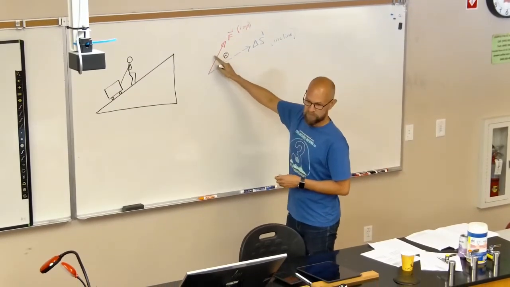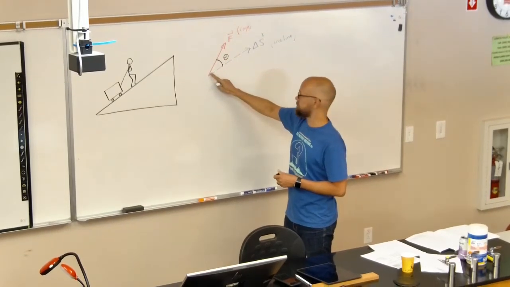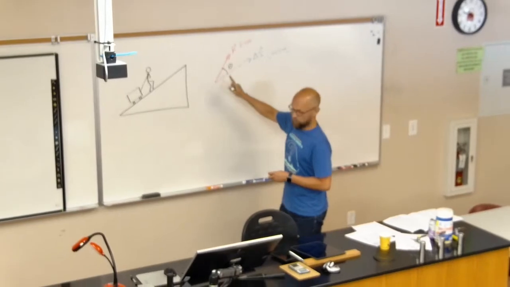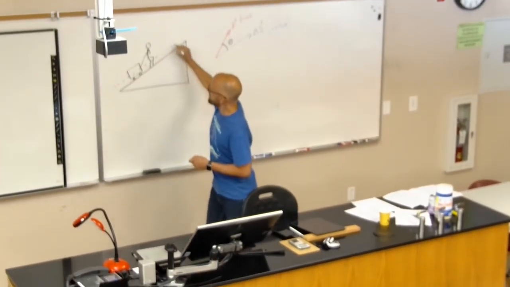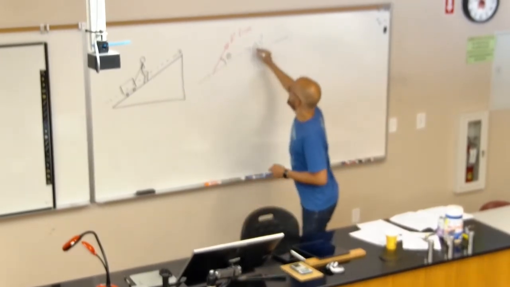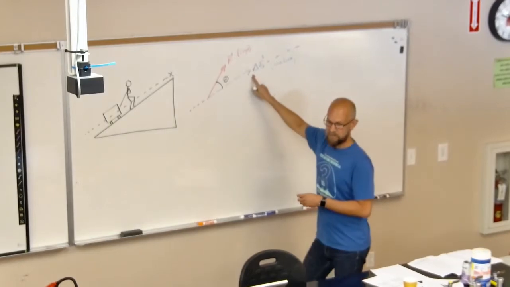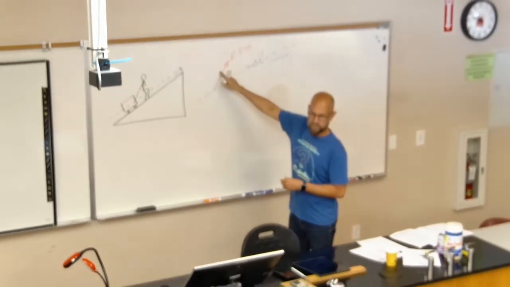So notice we've put the two vectors of force and displacement so that their tails coincide. So the best approach here would be to let the axis of the displacement be the x-axis. If that's the case, then the displacement has no component along the y-axis, although the force does, right?